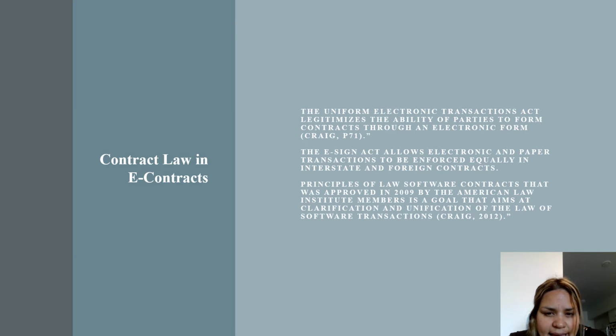The E-Sign Act allows electronic and paper transactions to be enforced equally in interstate and foreign contracts. The Principles of the Law of Software Contracts, approved in 2009 by the American Law Institute members, aims at clarification and unification of the law of software transactions.